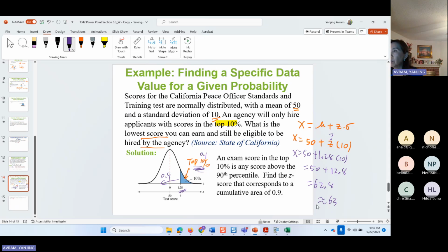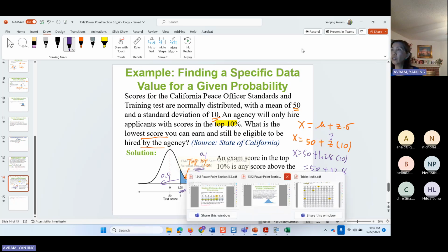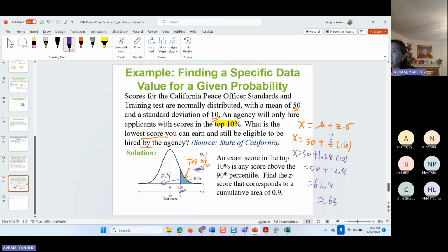If you get a 63, you will still be eligible in the top 10%. Of course, if you get a higher score, it's better. But this is the lowest score that you can still qualify as top 10%. All right, so that is this section, called finding the data value, section 5.3.